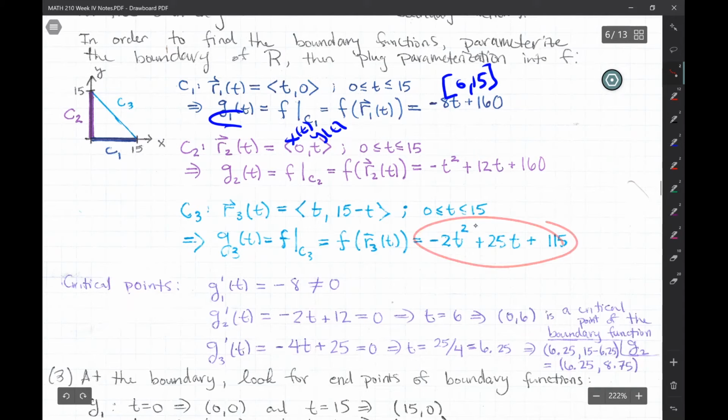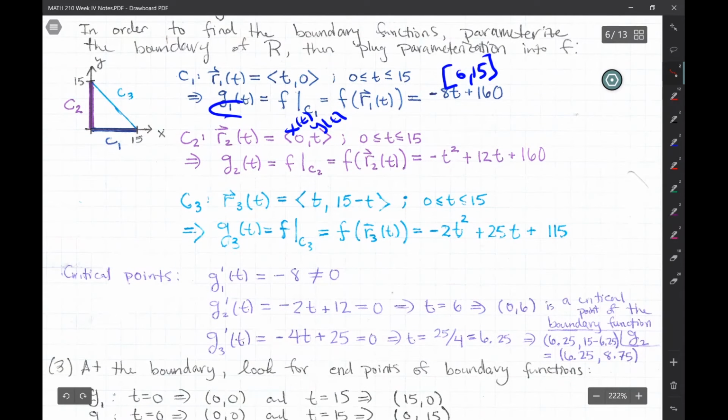Notice that all our boundary functions are functions of one variable, and they have endpoints. They're defined on the interval 0 to 15 for t, and so the endpoints are 0 and 15, 0 and 15, and 0 and 15. Is this the only way to parameterize the curves that you see there? Absolutely not.